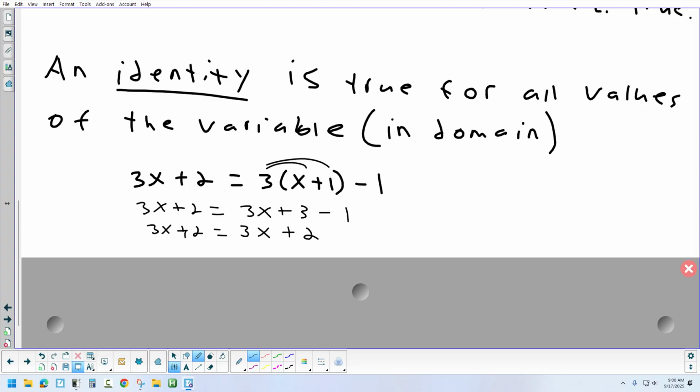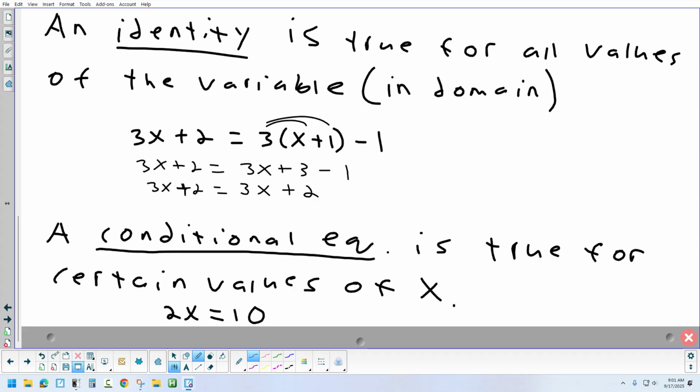The case that we have more often is a conditional equation. Okay, that's an equation that it's not always true, like an identity, but it could be true if you pick the right value for x.